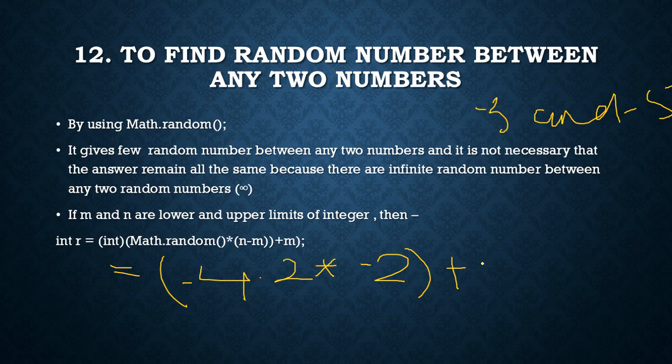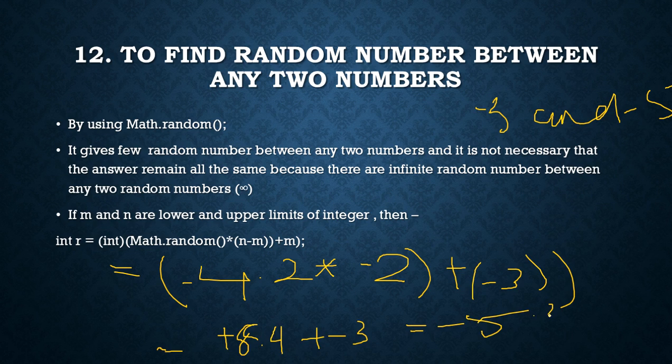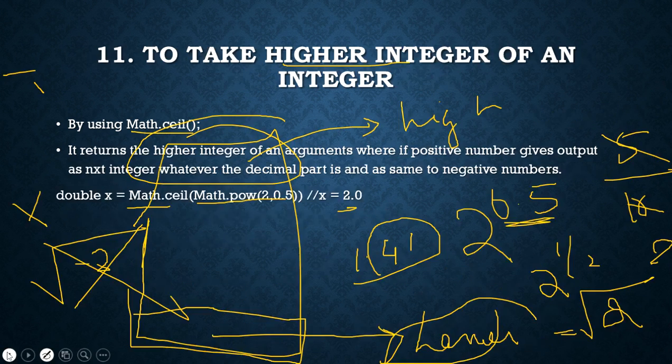What is our m? Minus 3. So minus 4.2 times minus 2 gives plus 8.4. 8.4 plus minus 3 is 5.4, and you have to convert it to integer. That's the output. So that's all about this chapter.